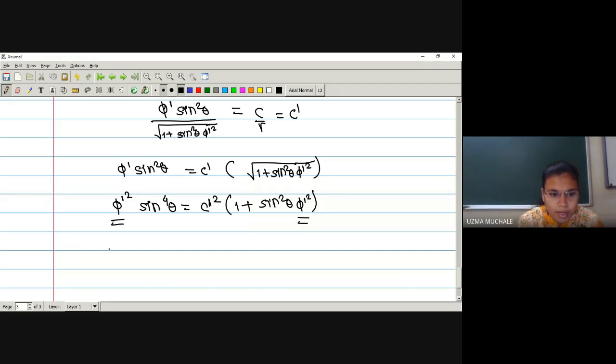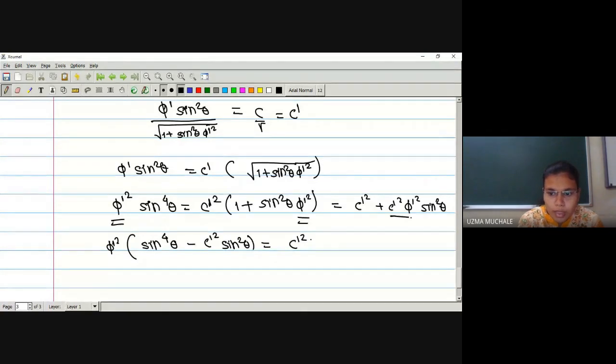If I take phi dash square common from these two terms, what remains in the bracket is sine to the power 4 theta minus c dash square plus c dash square phi dash square sine square theta, which equals simply c dash square. If you are confused, let me write it down: c dash square plus c dash square phi dash square sine square theta.